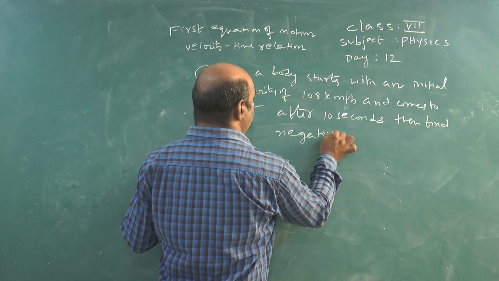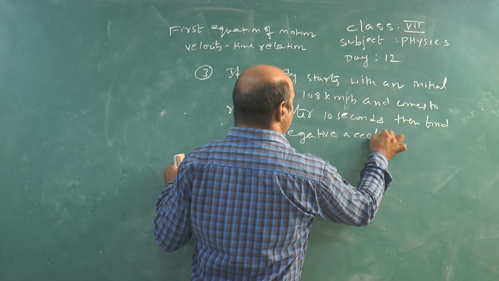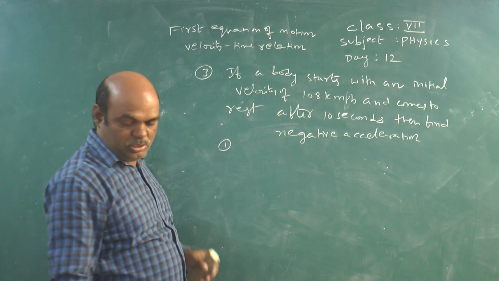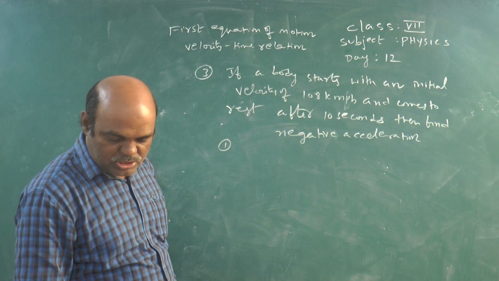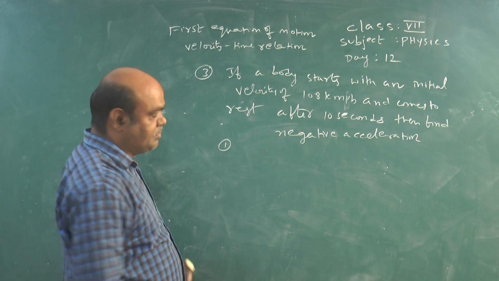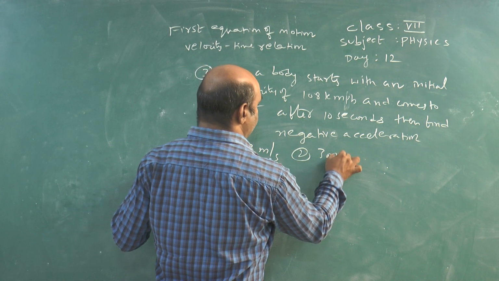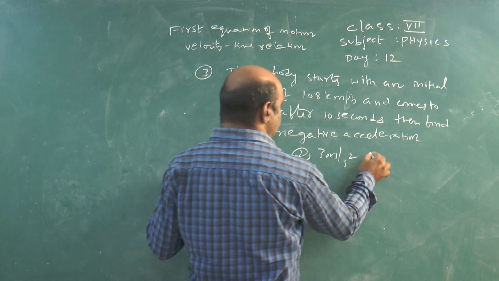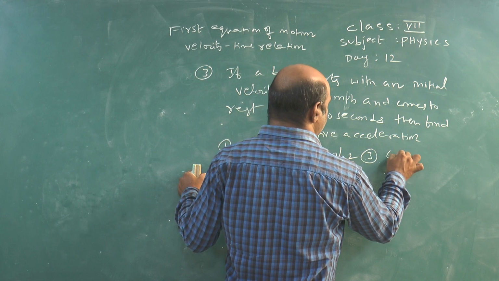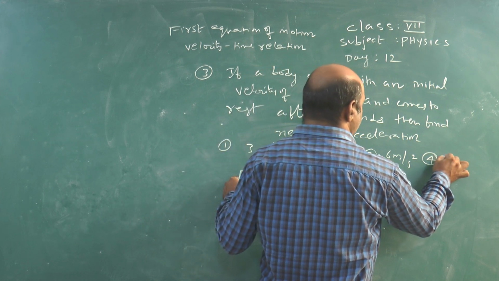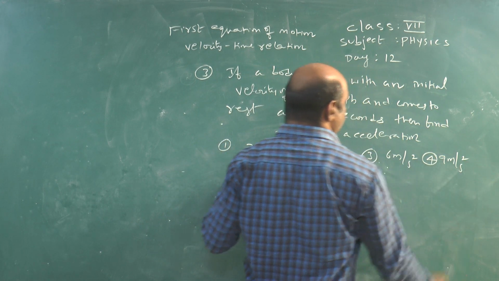The first option is 3 meter per second. The second option is 3 meter per second square. The third option is 6 meter per second square. The fourth option is 9 meter per second.